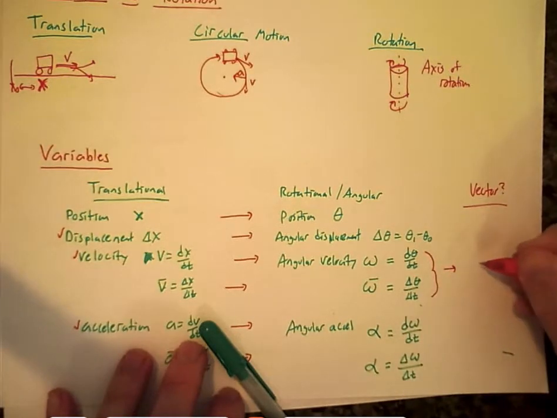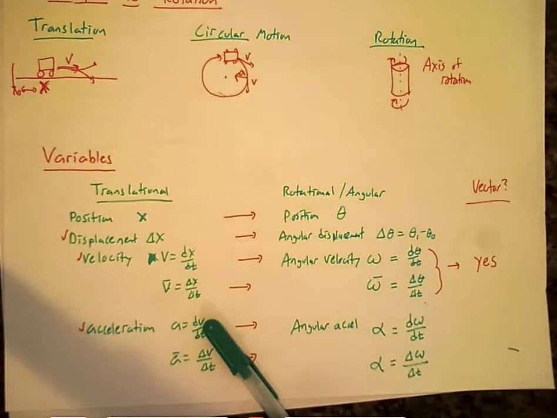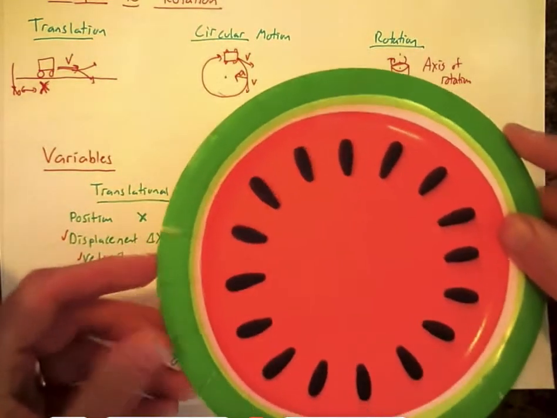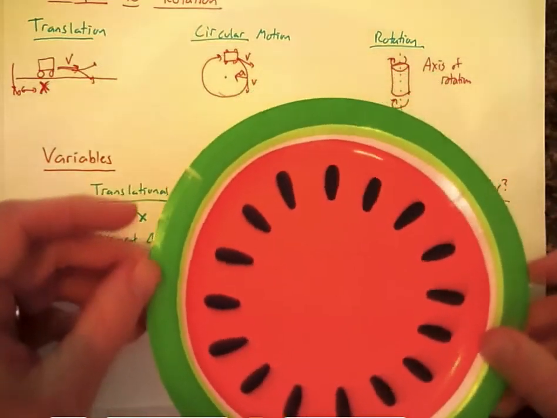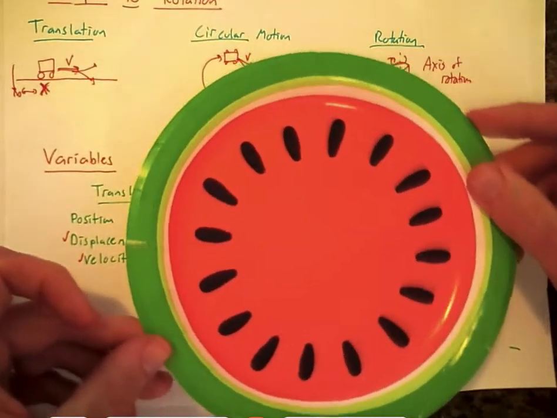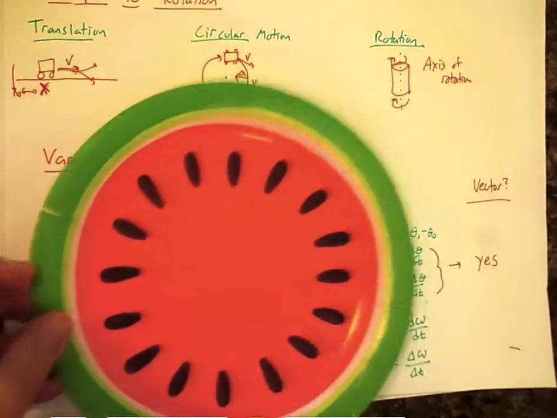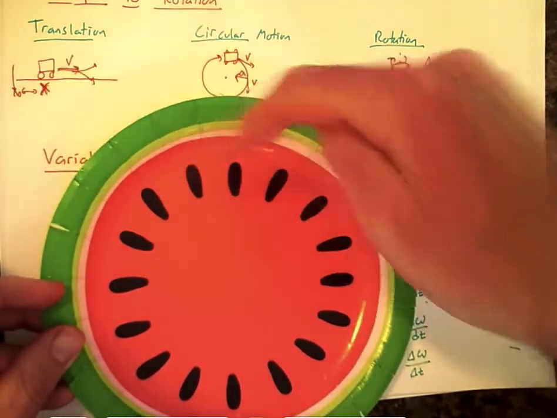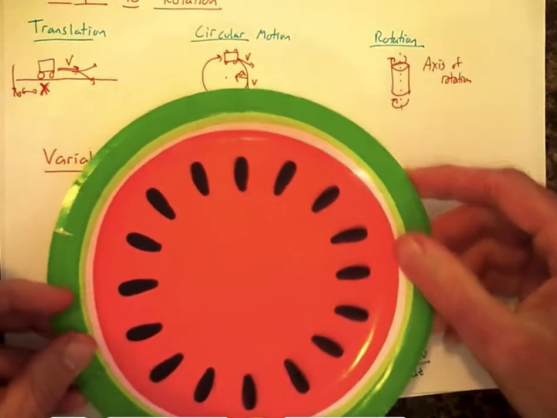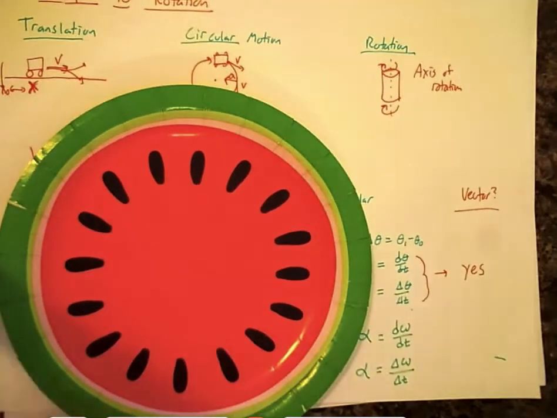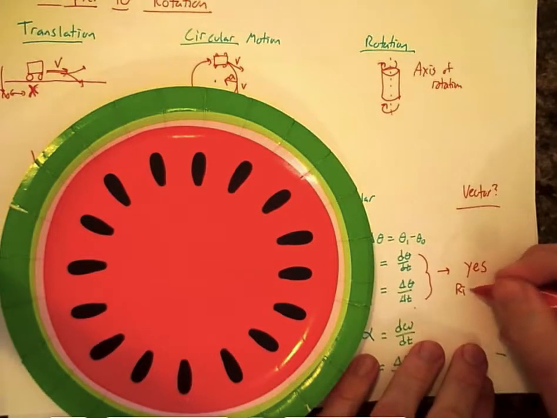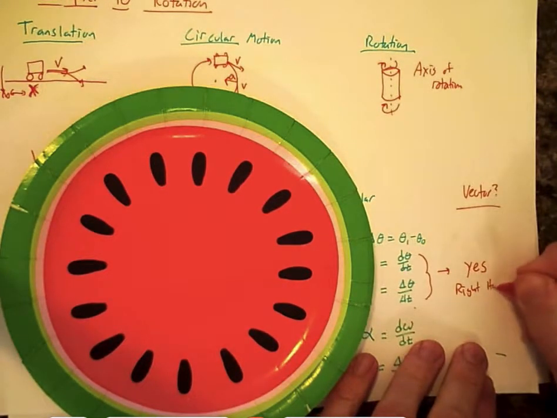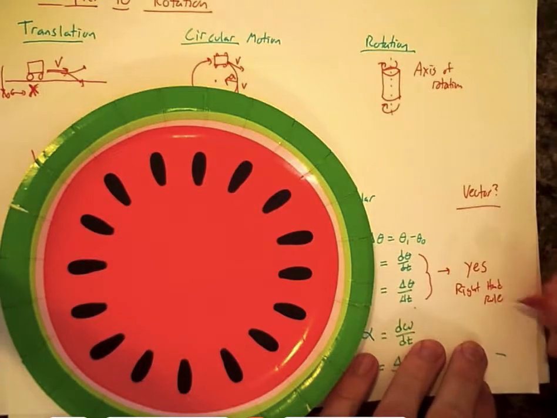Angular velocity is definitely, yes, it is a vector. It has a direction associated with it. So it matters whether we're rotating one way or the other way. The direction is going to be pretty interesting. So the direction is not going to be clockwise or counterclockwise or left or right. To find the direction, you have to have a right-hand rule.